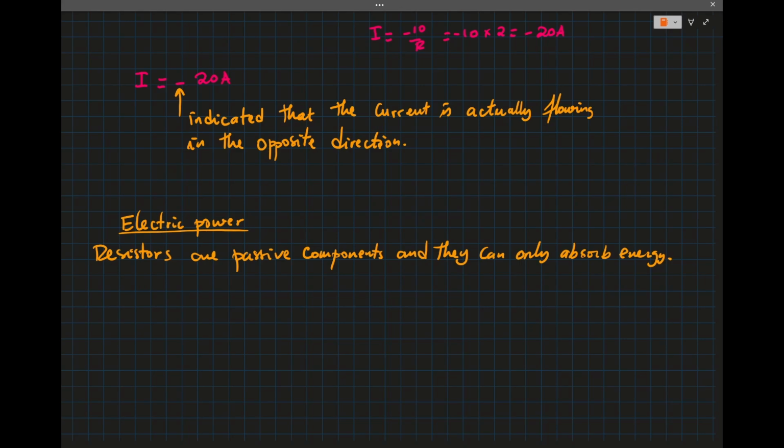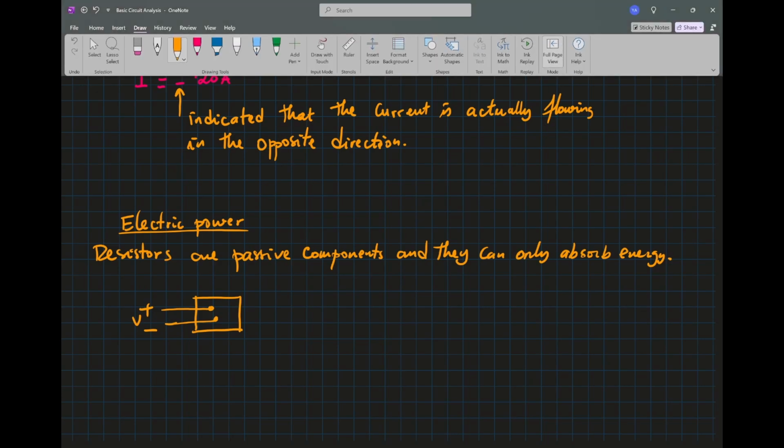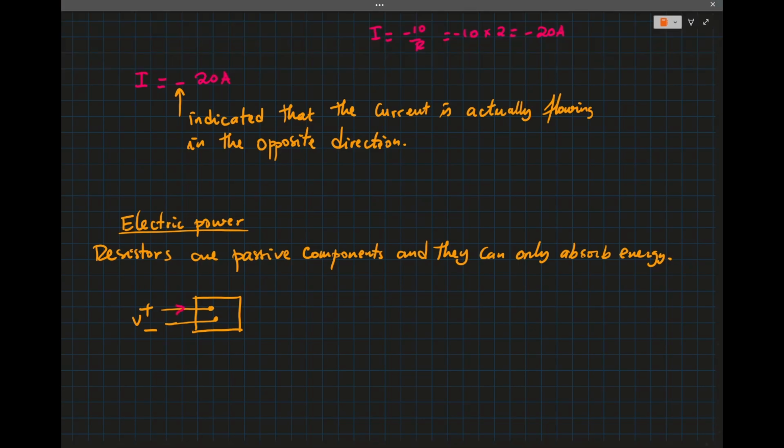Okay, so let's define the power. Let's say that I have this scenario, and I have this component, and the voltage across that component is labeled as V, and then the current is flowing this way, right?